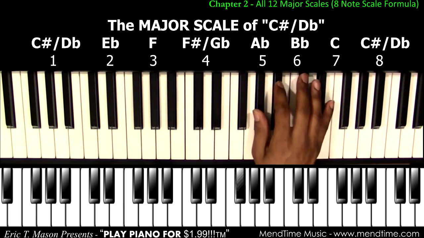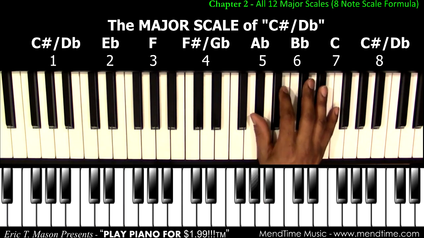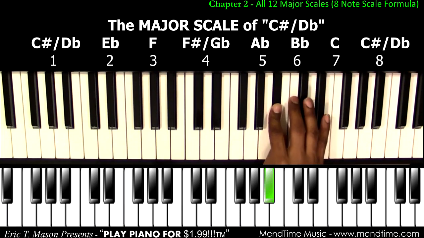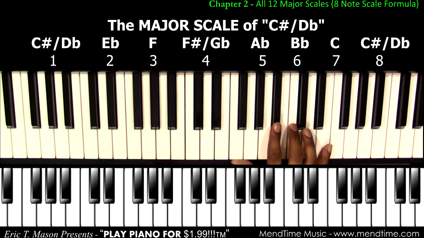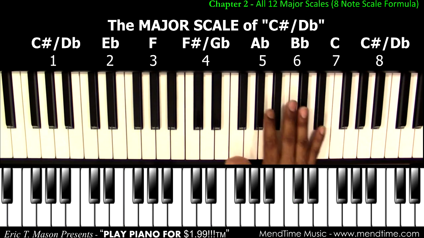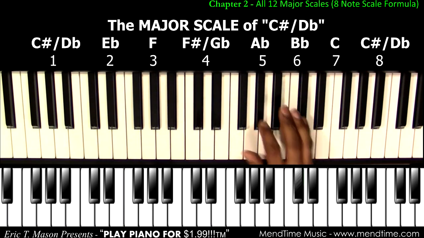Then we have another whole step, which is G sharp or A flat. Then we go up another whole step, A sharp or B flat. One more whole step, we go all the way to C, as you see here, and then we have, you guessed it, that half step for C sharp, D flat.